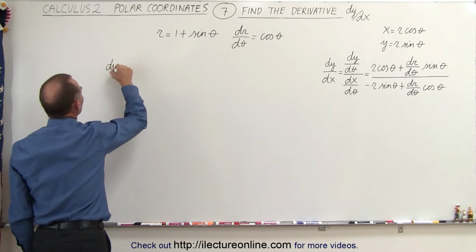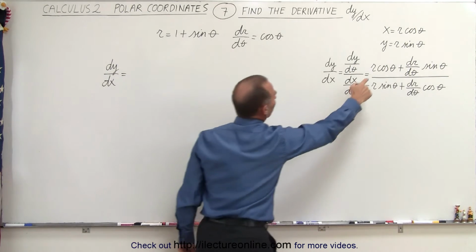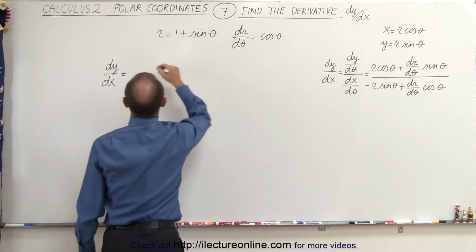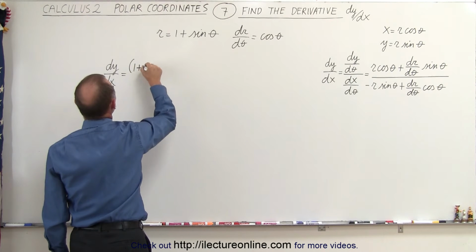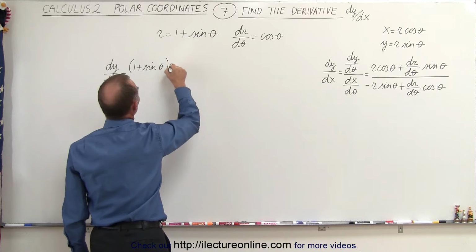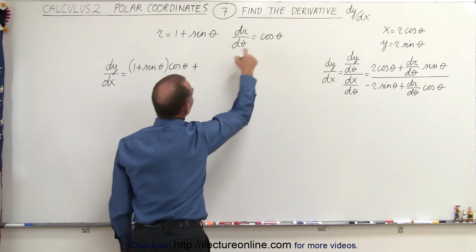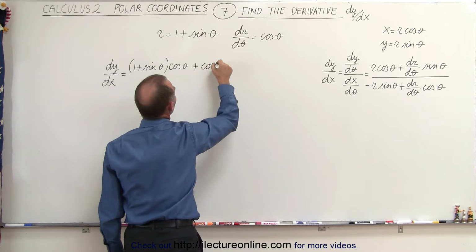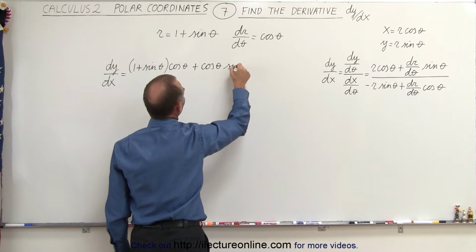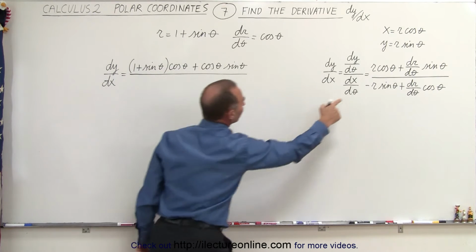So dy dx now is equal to the function r, which is defined right here. So that would be 1 plus the sine of theta multiplied times the cosine of theta plus dr d theta, which is the cosine of theta times the sine of theta. And in the denominator, we get minus r.